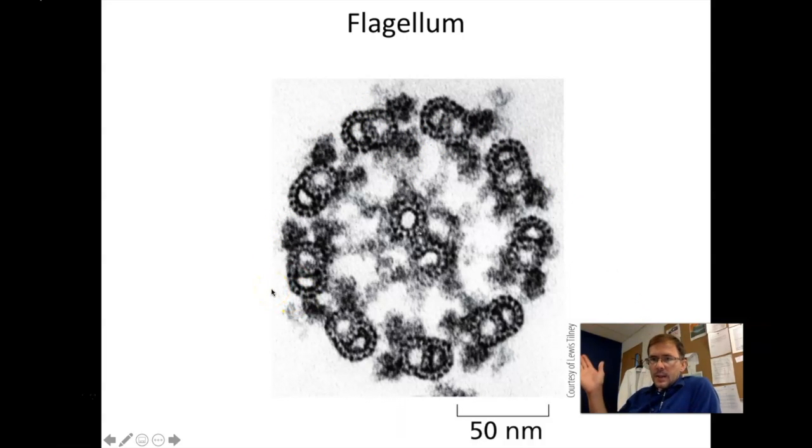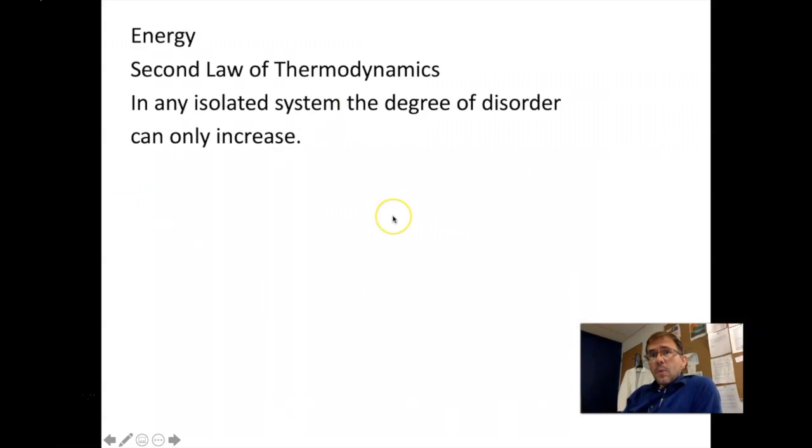So not only does the motion of a flagellum require energy to drive changes in protein shapes, which is really driving the shape of that structure, but also the organization of the flagellum and the synthesis of the components that were used to build the flagellum. Those processes require energy. This organization requires energy. Why does it require energy?